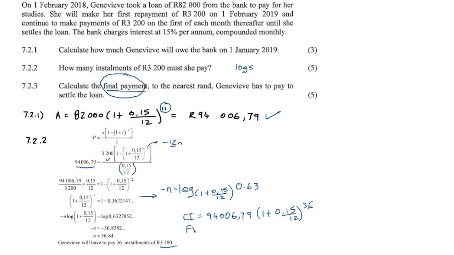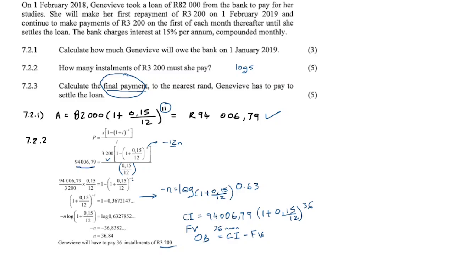Then you can do future value on the 3,200 also for 36 months. When you work out the difference between the two, you would have been using the outstanding balance, which we did in a previous video, and so that outstanding balance will represent what the loan is sitting on at the end of exactly the 36 months.